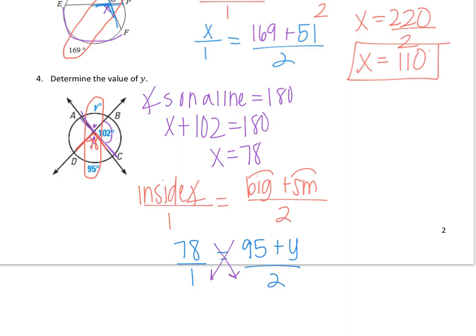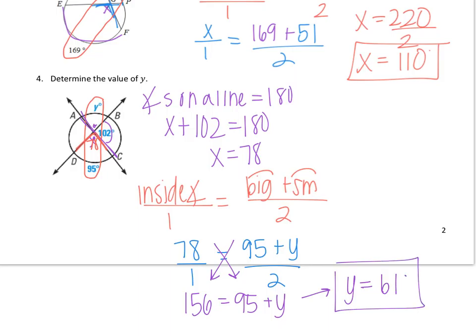And from here, we're going to cross multiply to solve. Go ahead and do so. If you need more time, just pause the video. Otherwise, we're moving forward because we got y equals 61.